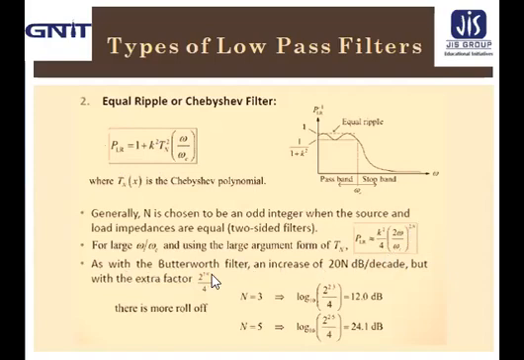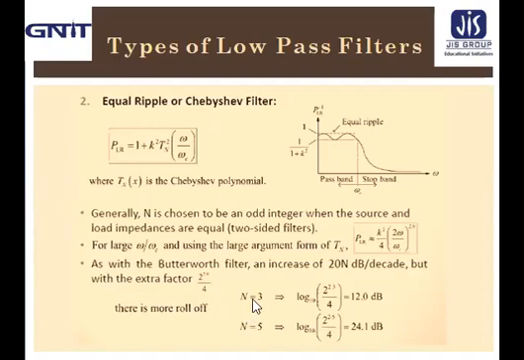As with the Butterworth filter, it increases by 20n dB per decade, but with the extra factor 2 to the power 2n by 4, there is more roll off.